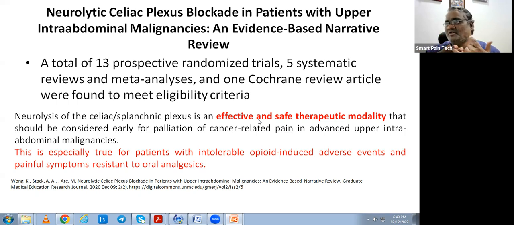See, I have the availability of expertise, the medications, and the imaging modalities. But still my conversion rate from systemic analgesic therapy to interventional therapy is only 1 to 2%, because there are many things to it.